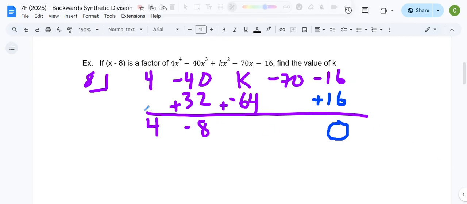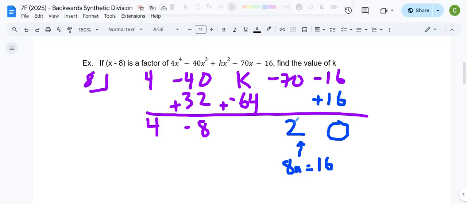Okay, now working backwards, we know that this number right here, I'm going to call it n. We know that 8 times n is equal to this 16 here. All right. So if 8 times n is equal to 16, this number is 2, because this 8 times this 2 has to get us to 16.